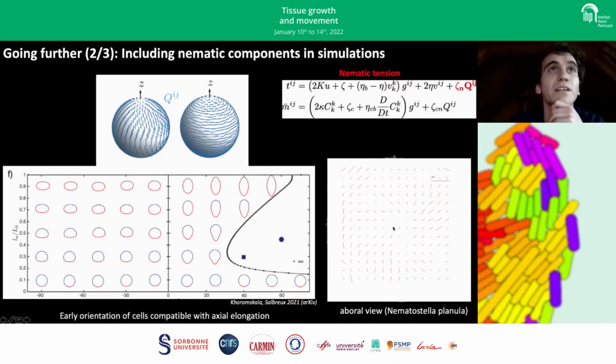So it can be a +1 like this, which can be an aster, or a vortex like this. But yeah, that's what I put going further, because I like a fine description of the nematics at the pole.